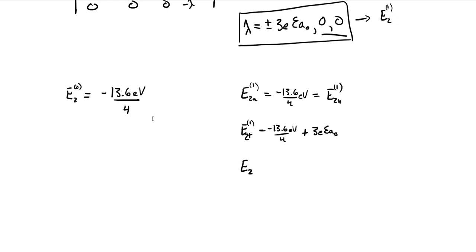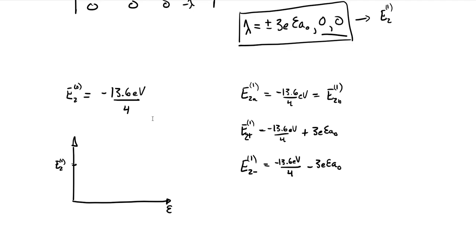One of those n equals 2 states is going to go down, and it's going to have an energy of negative 13.6 eV over 4 minus 3 e epsilon a naught. If we plot those as a function of that electric field strength, we have our n equals 2 unperturbed state.